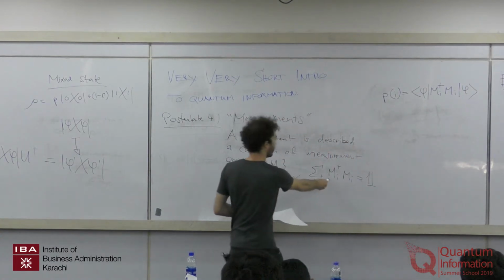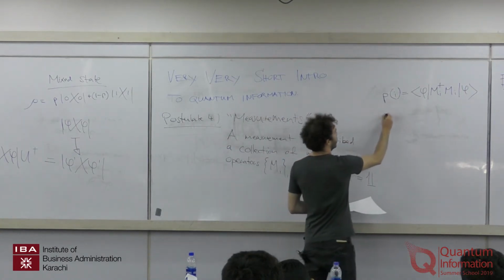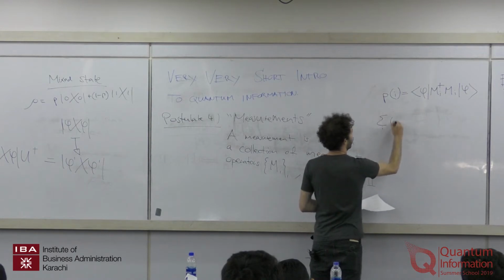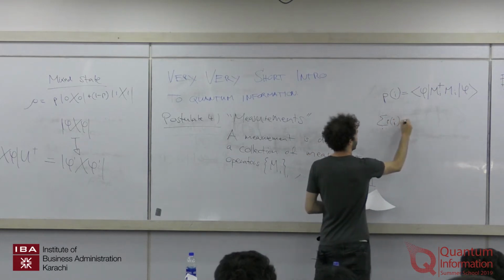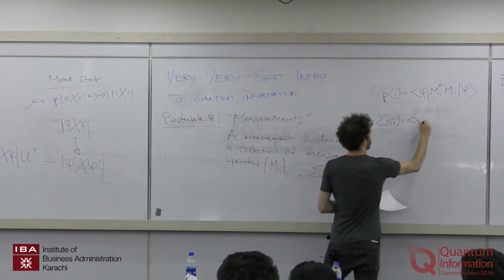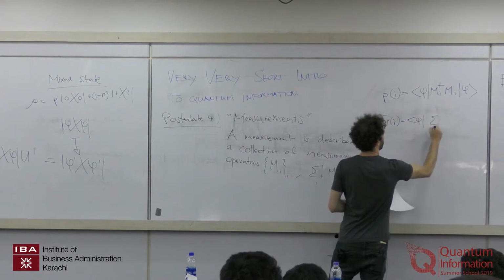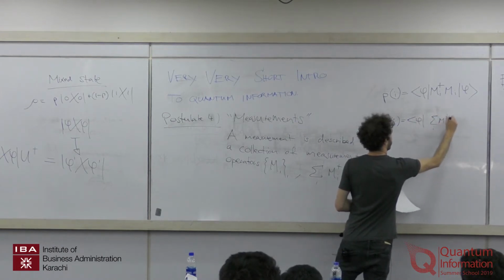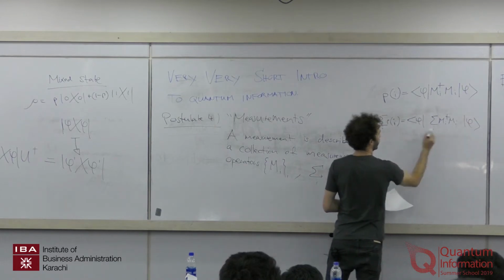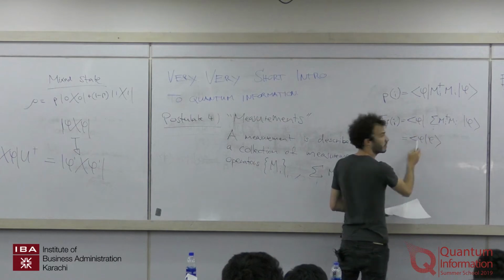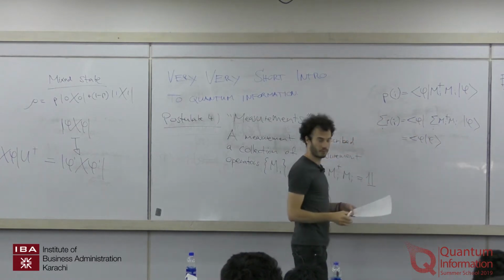And now you see why we have this condition, right? If you sum over all probabilities, you get 1, since this is the identity, and since the state is a unit vector, we have 1.